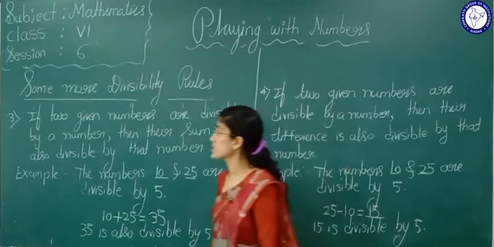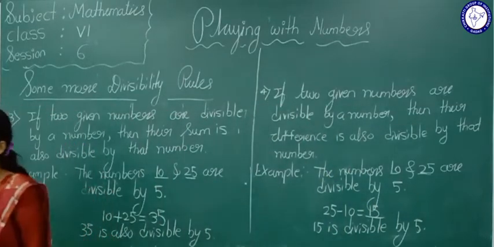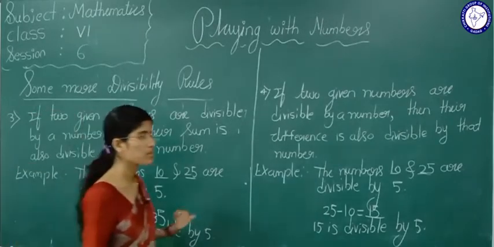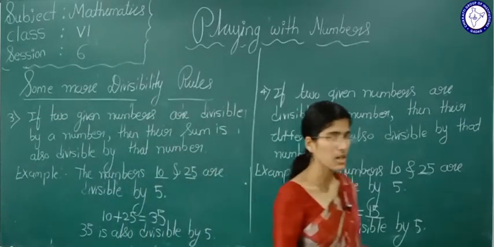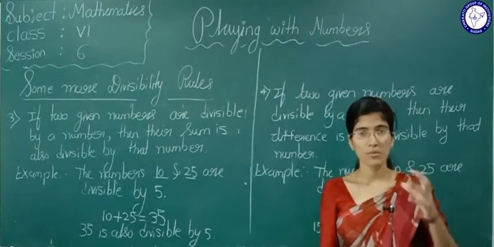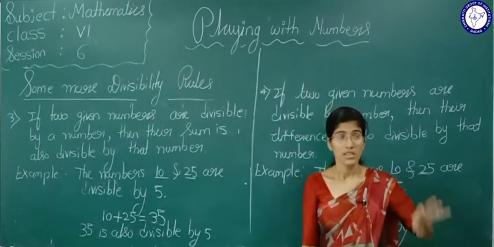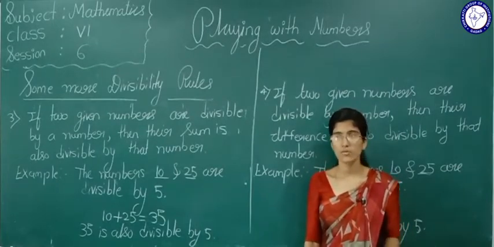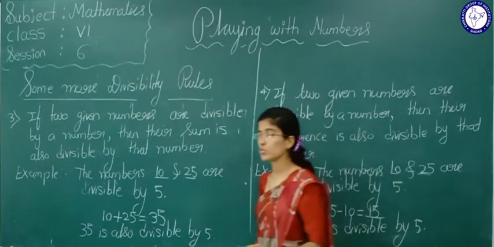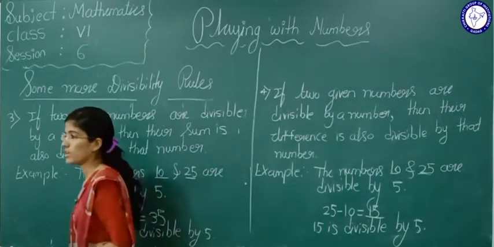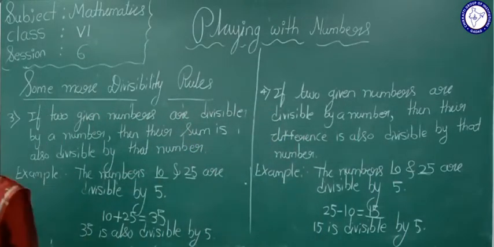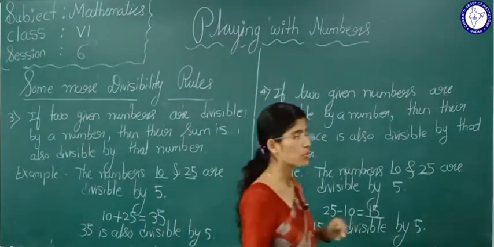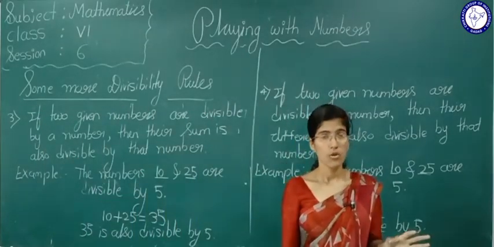Okay. So this is about the 4 rules we have learned. What is the first rule we have learned? If a number is divisible by any number, the same number is divisible by the factors of the number. This is rule number 1. The rule number 2 tells us that if a number is divisible by two co-prime numbers, then the same number is divisible by the product of the two co-prime numbers.